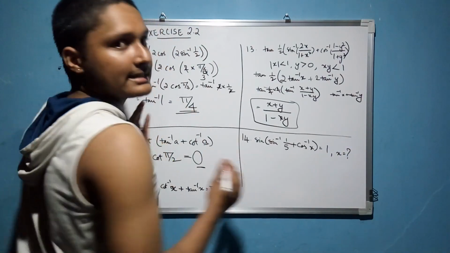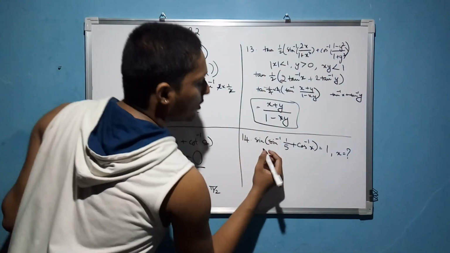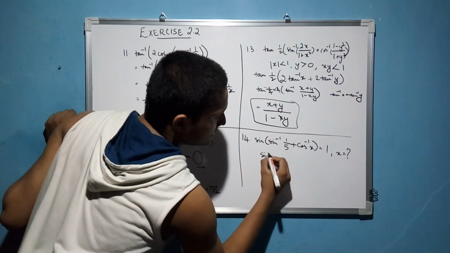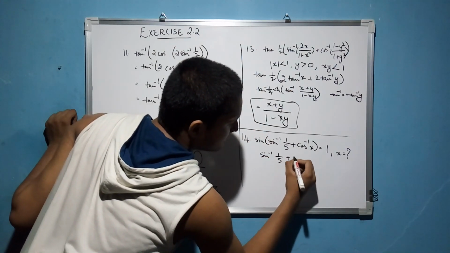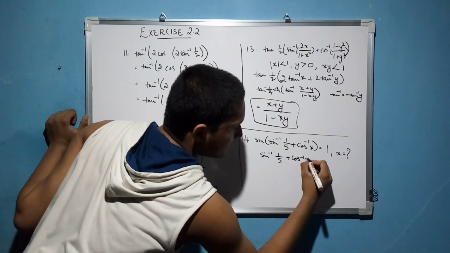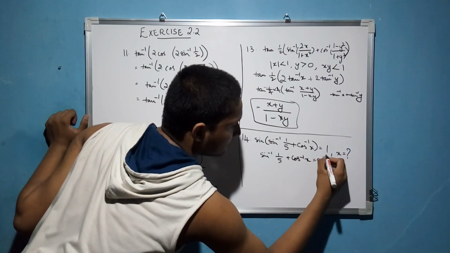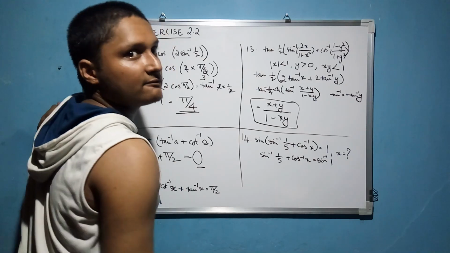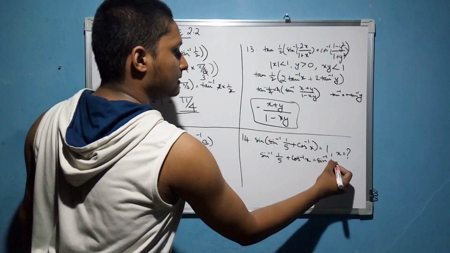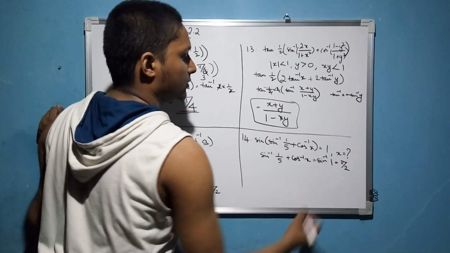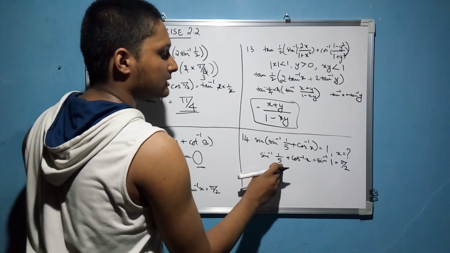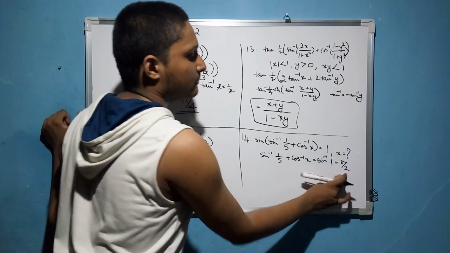So applying sine inverse on both the sides, what you are going to get is sine inverse 1 by 5 plus cos inverse x is equal to sine inverse 1. What is sine inverse 1? Sine inverse 1 is pi by 2. Sine inverse something plus cos inverse something is equal to pi by 2.